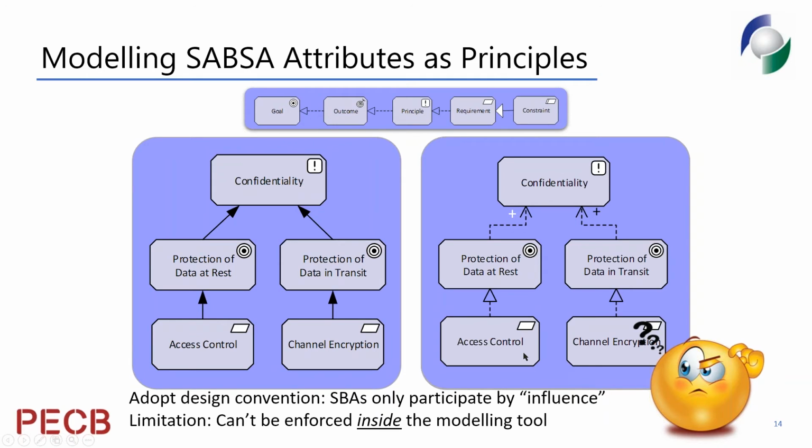So this is kind of like a self-imposed modeling discipline, that when we're dealing with SABSA attributes rather than native ArchiMate principles, we'll only ever influence them, not try and build them in halfway up the structure.